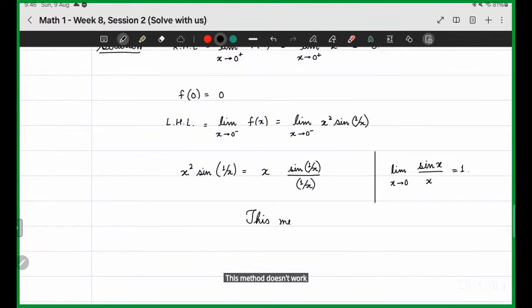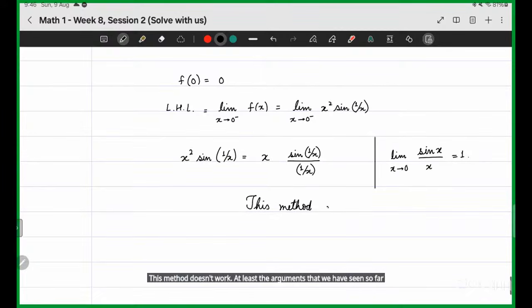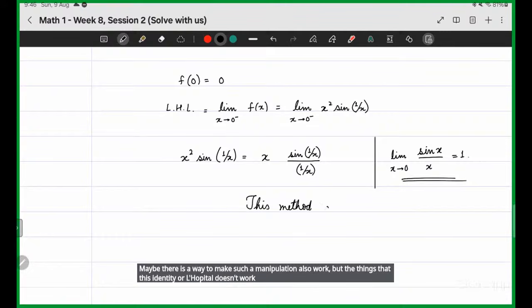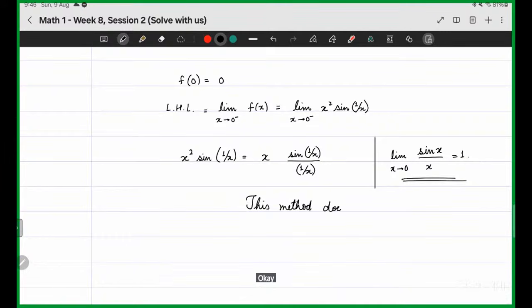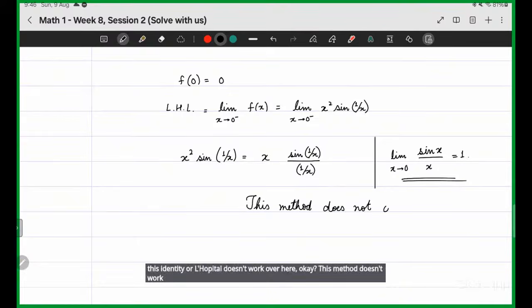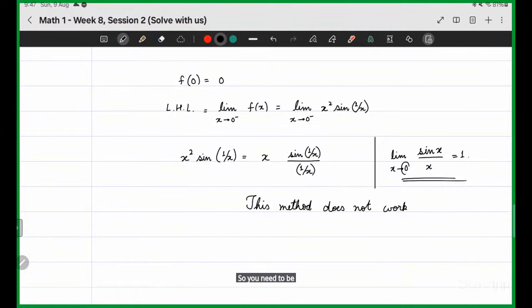At least the arguments that we have seen so far don't work. Maybe there is a way to make such a manipulation work, but this identity or L'Hopital doesn't work over here. So you need to be careful as to where the limits are going.